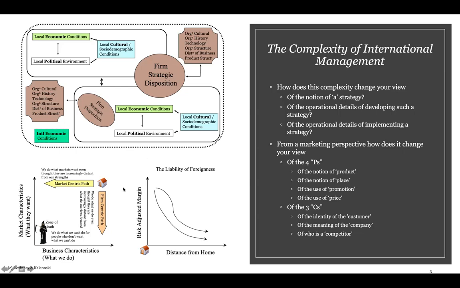And this is why, when you look at the liability of foreignness logics, typically what you find, and this is an average effect, is that when you look at the margin that a multinational earns, as it expands its distance from its home market, and again, distance from home market is being defined not only by geography, but really what the firm does. In other words, the closeness of these differences.